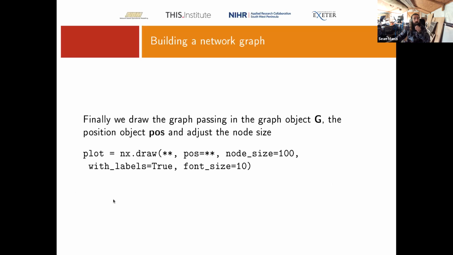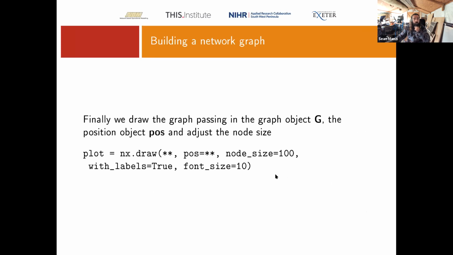And then finally, we can draw our graph. And here we've got a few different arguments. We've got to pass in our graph object. We've got to pass the position in, the coordinate system that we want it to plot the graph based on.